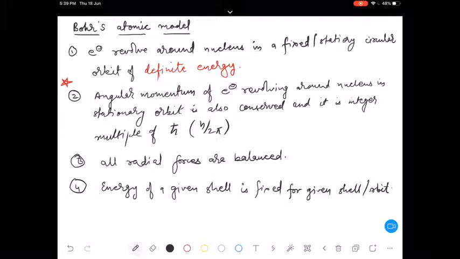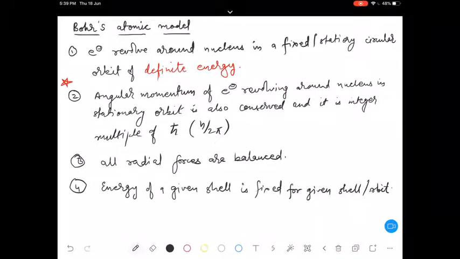So thing is, we have already defined that atom is something where there is a small concentrated part at the center of the atom, which is called the nucleus, and all the positively charged species and all the heavier species like neutron and proton are situated at that center.